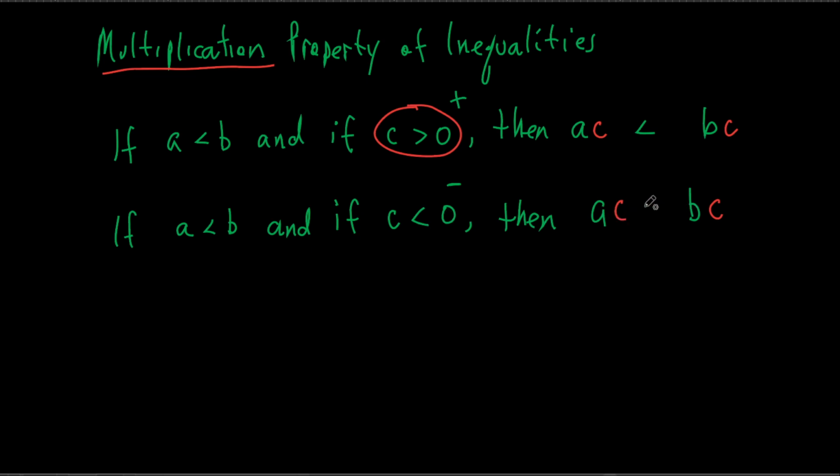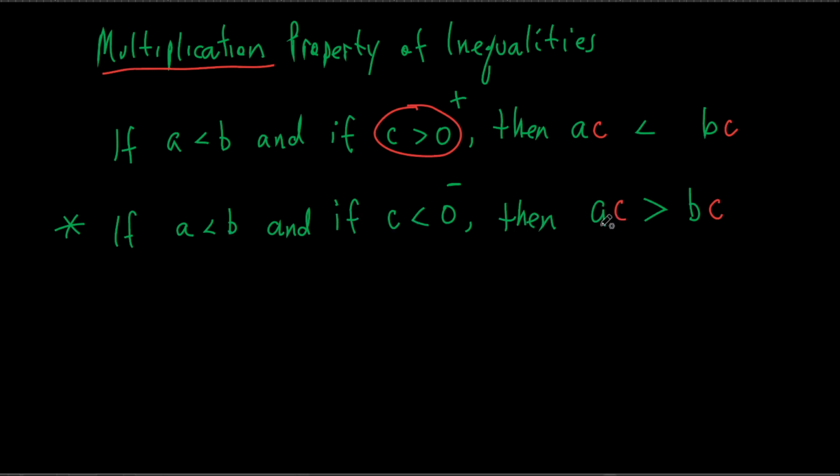So if I take two things, the A and the B, and originally A was less than B, but if I multiply by a negative number, look what happens to my inequality. My inequality is not going to be a less than, it switches to a greater than. This is the part right here. Put stars, put bells, put whistles, put something on here, okay? Decorate this so that you know that this is super important.